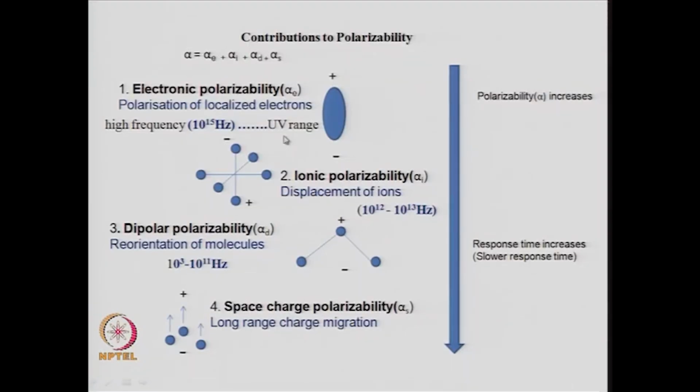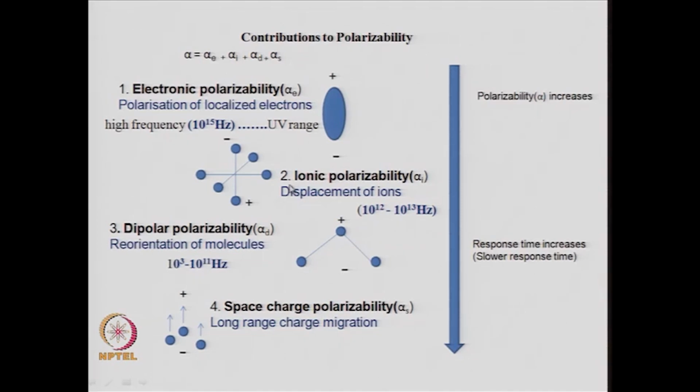Only few things can change as fast as 10 to the power 15 hertz. Electrons can do that, and that is in the ultraviolet range, and so this polarizability at high frequency is basically due to polarization of localized electrons, and that is in the ultraviolet range.